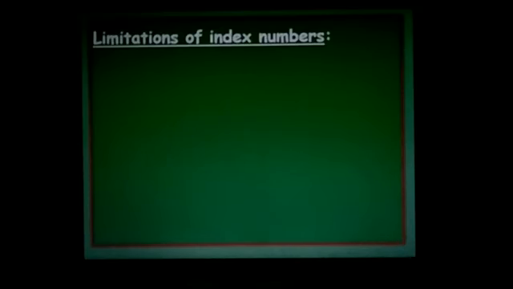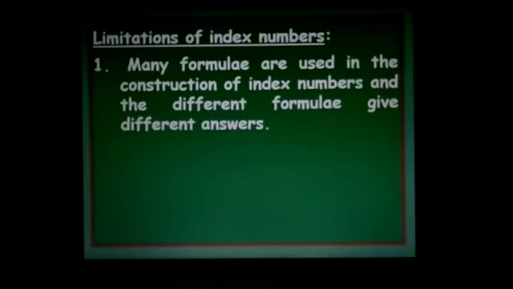So once when uses are there, then there must be limitations too. So limitations of index numbers, let us consider. First one, many formulae are used in the construction of index numbers and different formulae give different answers. For example, Laspeyres, Paasche's, Drobisch-Bowley's, Marshall-Edgeworth, Fisher's, and then Kelly's, and many other formulas we have already come across based on index numbers.